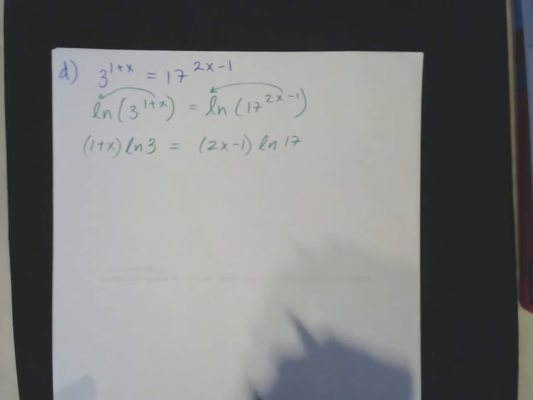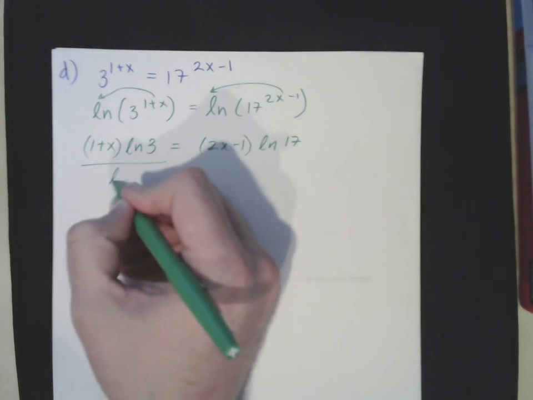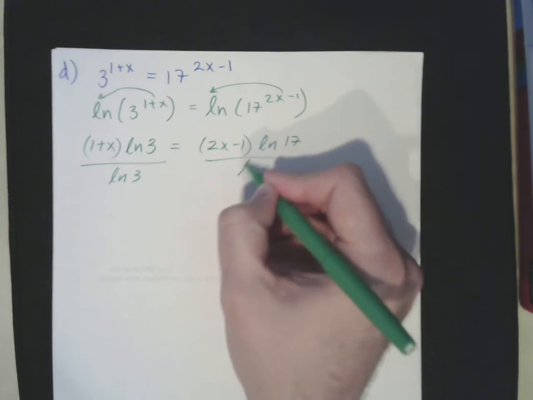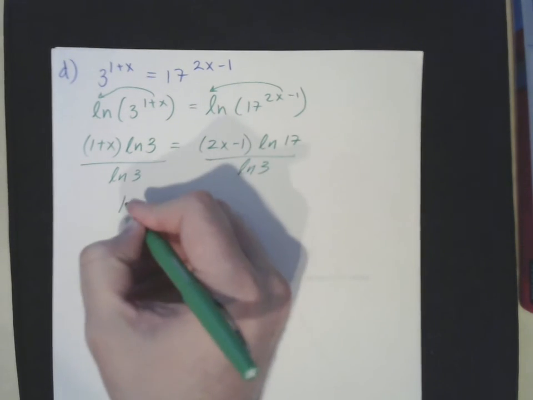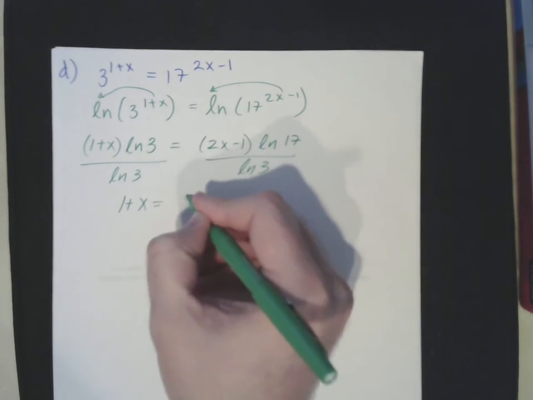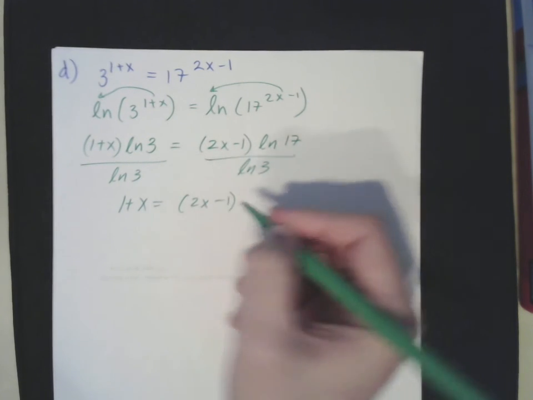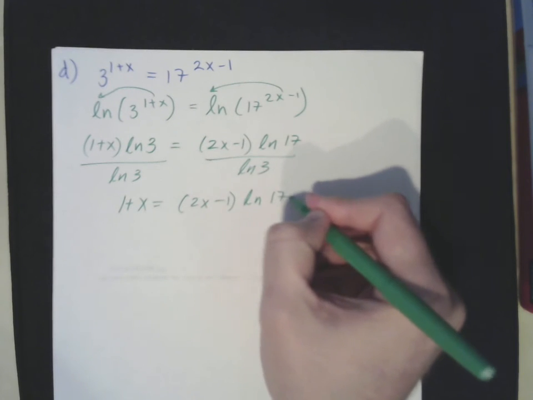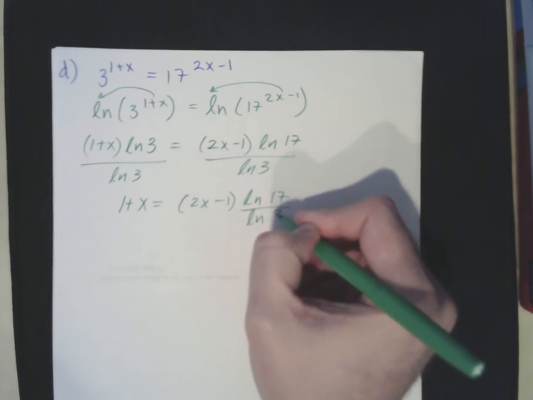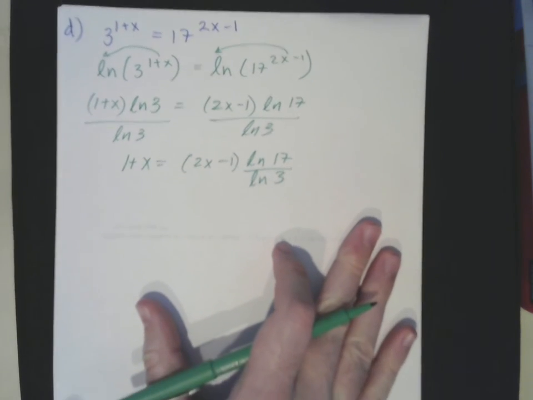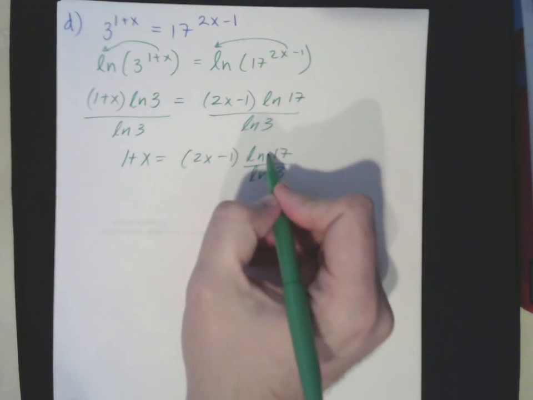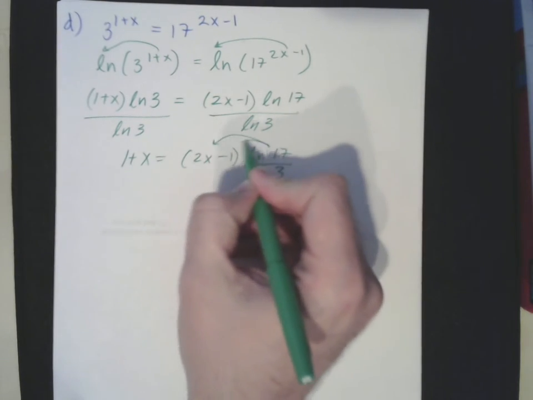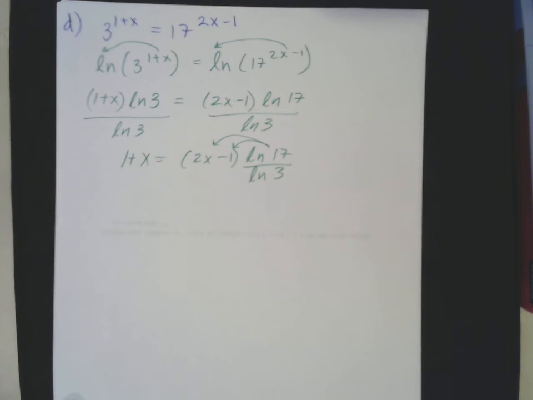And then we're going to divide by ln 3. We'll have 1 plus x equals 2x minus 1 times the natural log of 17 over the natural log of 3. And the only thing we can do now is actually distribute this whole thing to 2x minus 1.